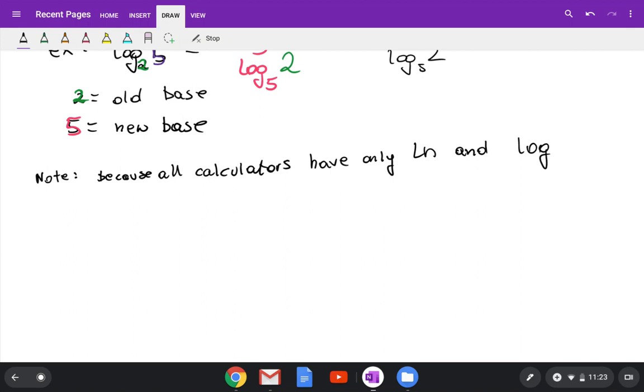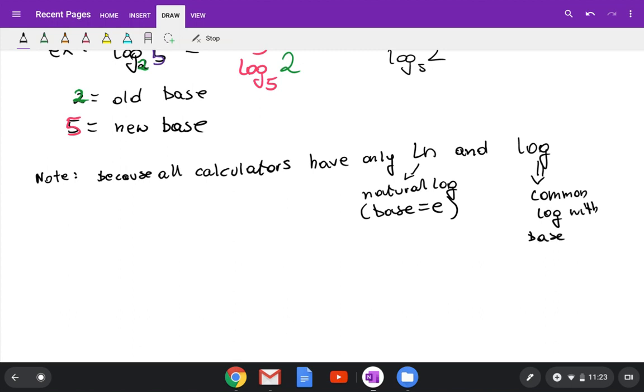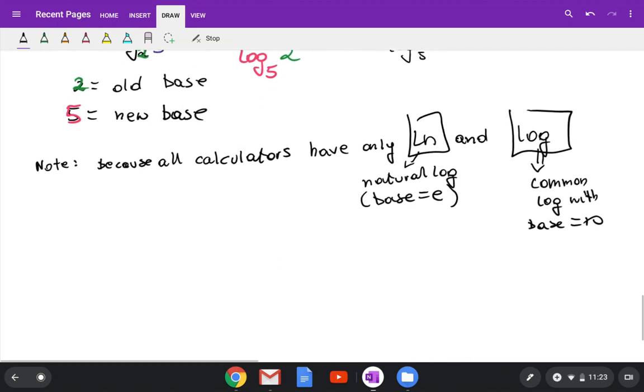Again, ln, don't forget that this is natural log, and the base is equal to e. Log, if you don't see the base, this is common log with base equal 10. So our calculators only have those two. Okay, so I'm going to rewrite.